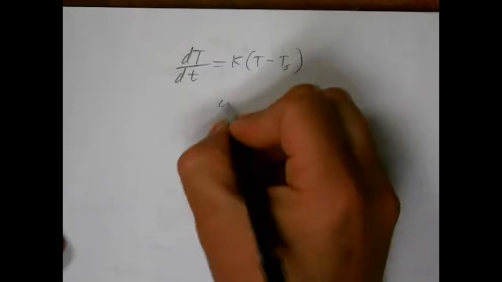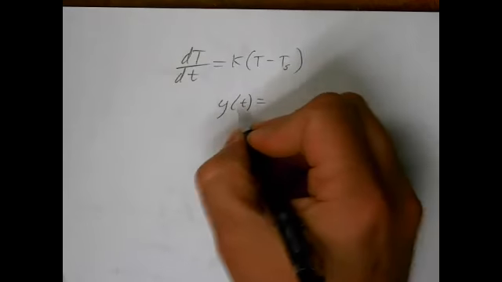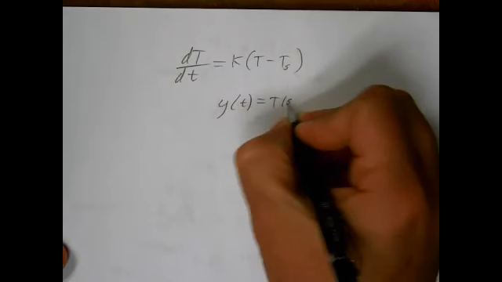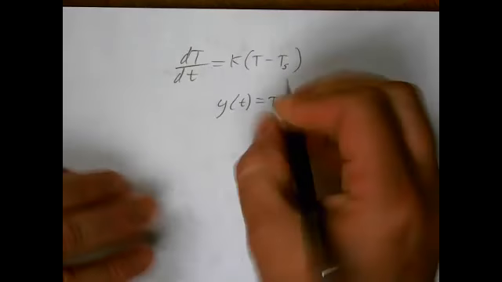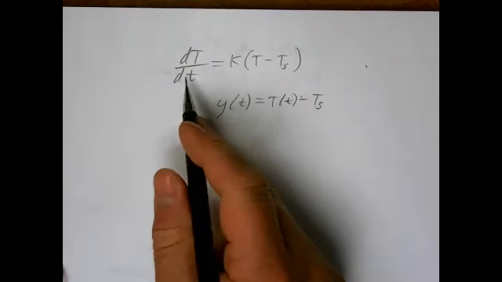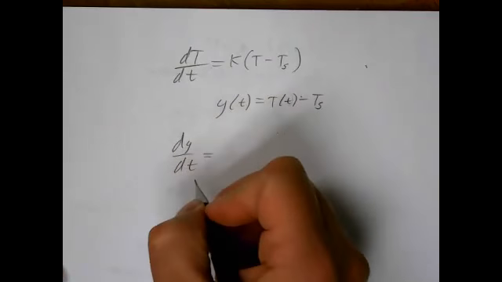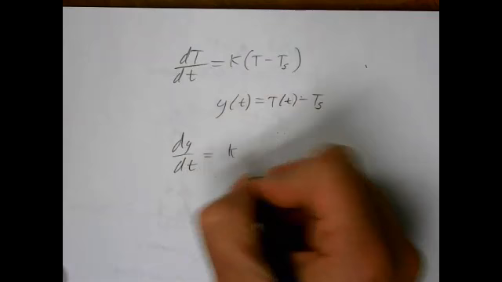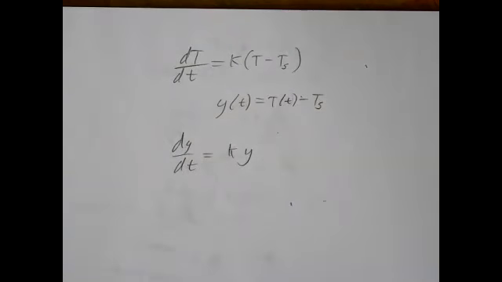In other words, I'm going to let y of t be temperature at any time minus temperature of surroundings. Then this formula becomes dy/dt equaling k times y. And this does fit the pattern, the formula that we saw before.